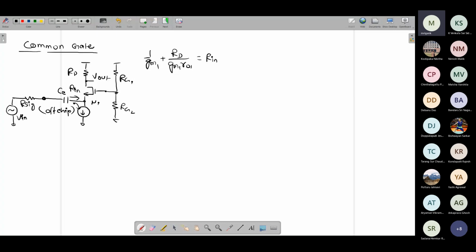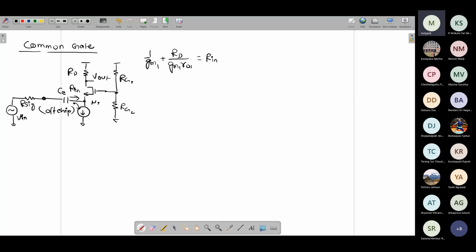So that all of us can understand, deriving the expression is not a big deal. If you account for the R signal of the input source, and suppose this CC we can, for the time being, ignore, since at higher frequency CC is absent, how do we find out the overall gain?